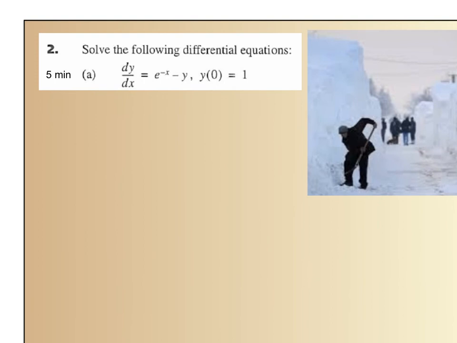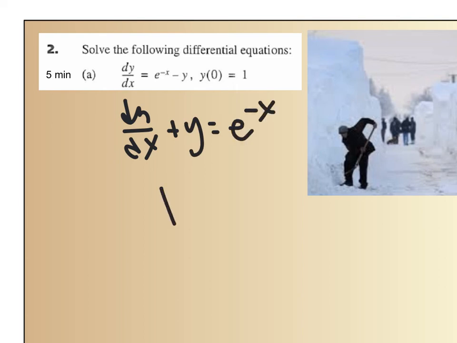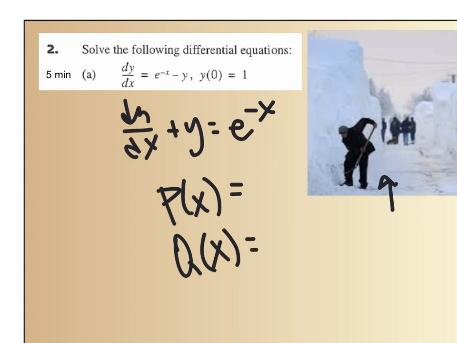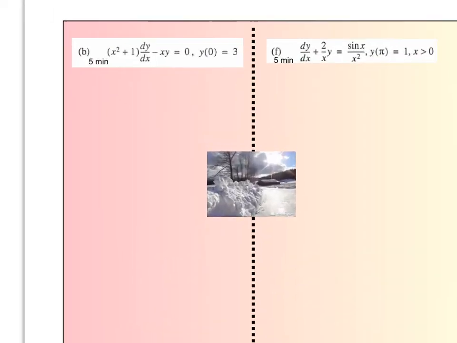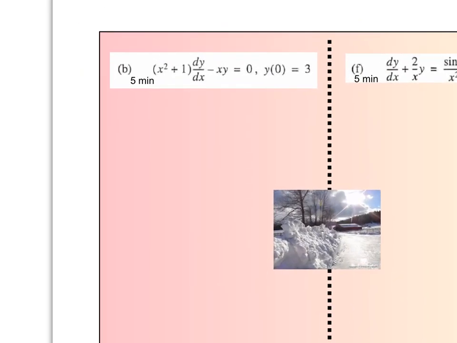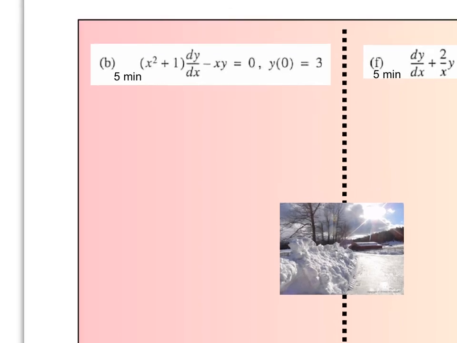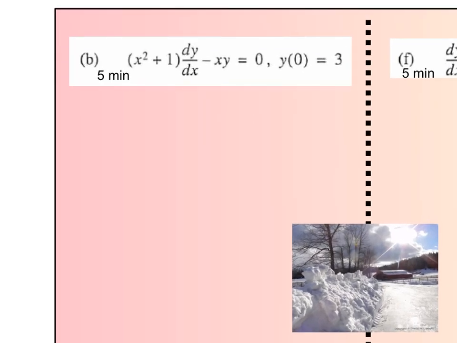Okay, it looks like if I rewrote in this form, like P of x, this guy must be digging out integrating factor and just figuring out P of x and Q of x. Just pulling them out of the snow. P of x would be 1, Q of x would be, as it looks like, e to the negative x. This one's going to be funky. So it looks like, boy, what would I do?